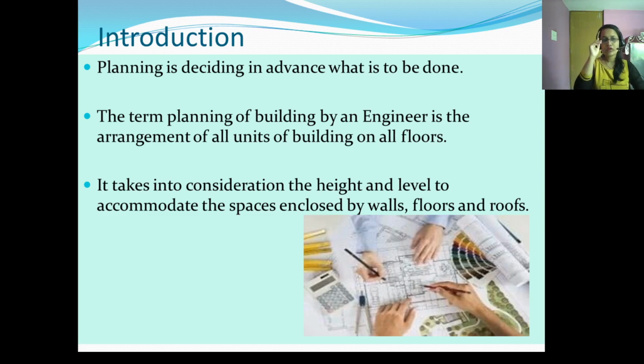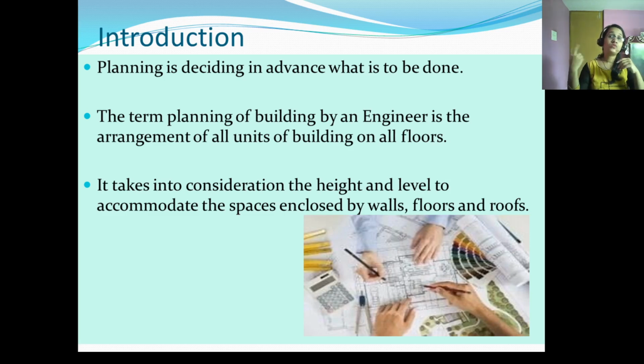While planning any type of building, be it a residential building or an industrial building, an architect or an engineer has to pay attention to various considerations such as the owner's requirements. What are the owner's requirements? He has to jot it down on paper. Then the characteristics of the building site.